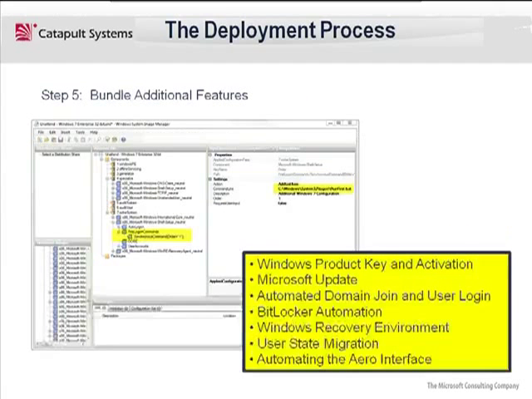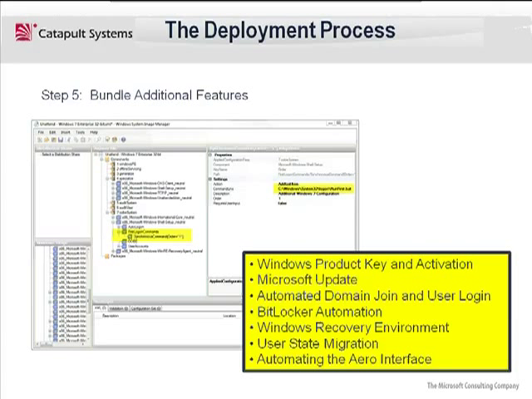So after that, you can then edit your answer file to bundle in some additional features. Now, some tools such as the Microsoft Deployment Toolkit and System Center Configuration Manager can do this for you automatically. But the way we deploy images at Catapult is with Windows Deployment Services. And so WDS really doesn't offer anything on the surface to do this.